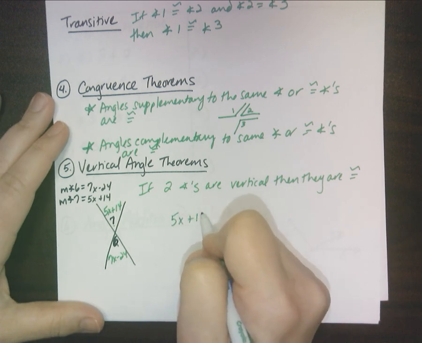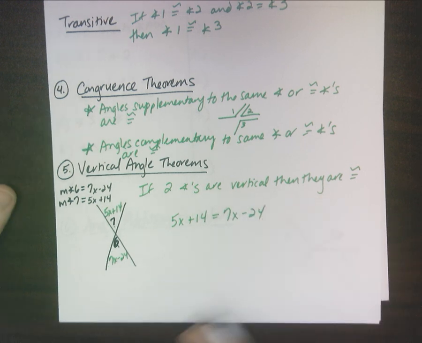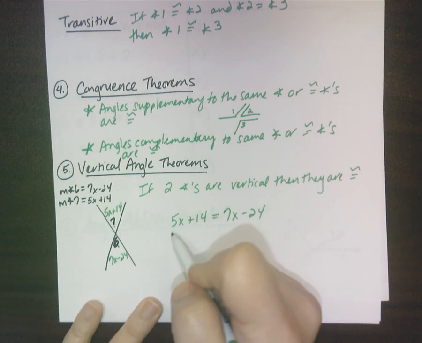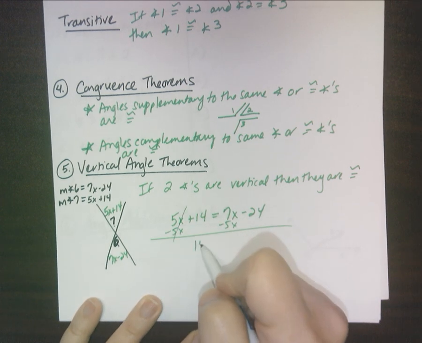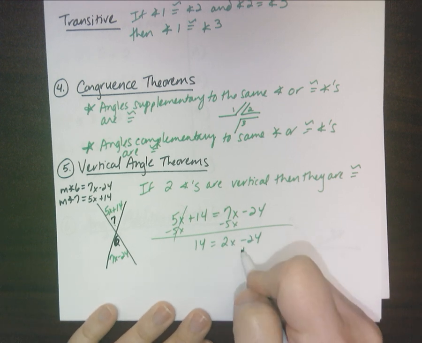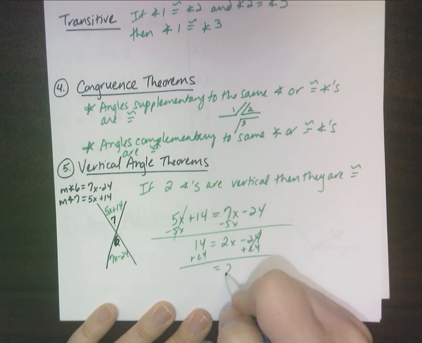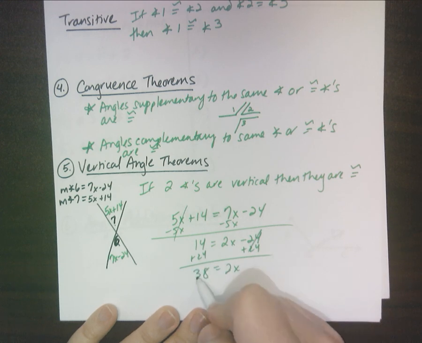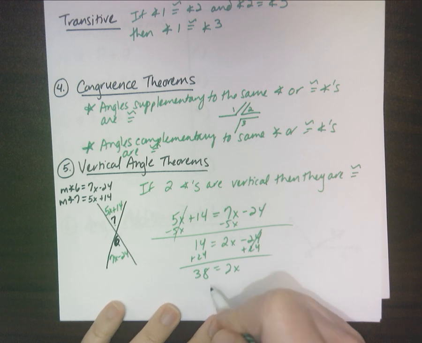So 5x plus 14 equals 7x minus 24. And now do some lovely math. Subtract 5x and add 24. We get, and then we divide by, obviously, 2, and you get 19.